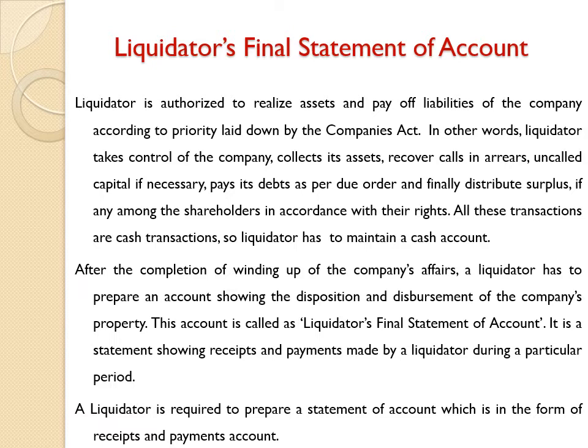The liquidator is authorized to realize assets and pay off liabilities of the company. It means that a liquidator sells assets of the company and pays off the liabilities of the company. Liabilities are paid according to the priority list laid down in the Companies Act.